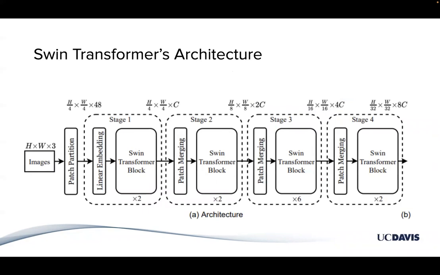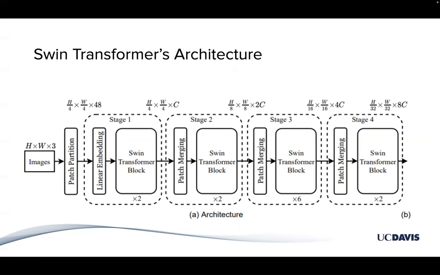With an incoming input image of size H cross W cross 3, we divide this image into patches, say of size 4 by 4 pixels each, and we flatten these 4 by 4 pixels into one vector.